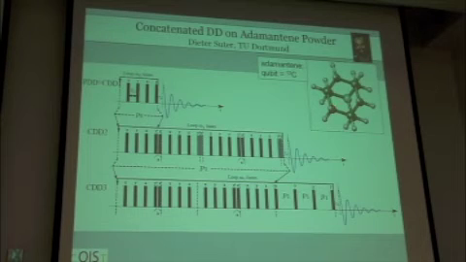The one in the middle is isotopically labeled carbon. It's carbon 13, so it has spin 1/2. The other carbons are carbon 12. They have spin 0. And the hydrogens are spin 1/2, so they are the environment. All right, so you have this carbon qubit in the middle, which is experiencing the environment provided by the hydrogen atoms. And then they ran the concatenated sequence.